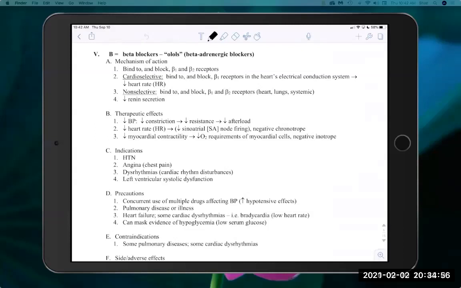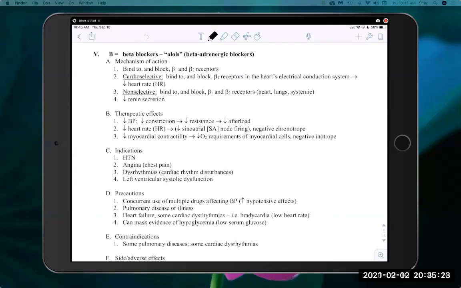So beta adrenergic blockers decrease heart rate because they work on that conduction system. If I say it's non-selective, and you need to know the difference between the two, what I'm saying is it binds to and blocks beta 1 and beta 2 receptors in the heart, lungs, and systemically.